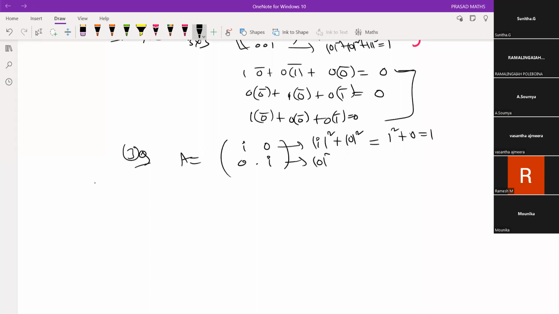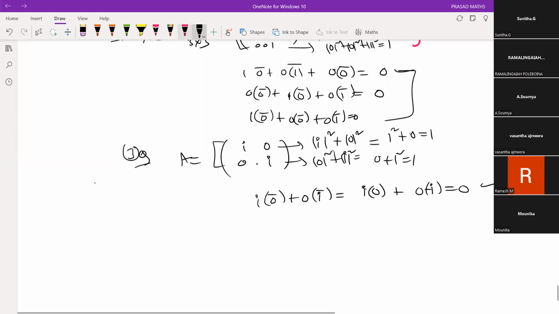So the sum of the squares of the modulus of each entry is also 1 squared, which equals 1. What is the product? i times 0 bar, 0 times i bar. i times 0 bar is nothing but 0, and 0 times i bar, that is minus i times 0, is nothing but 0. Therefore, satisfying the second condition, hence it is unitary.